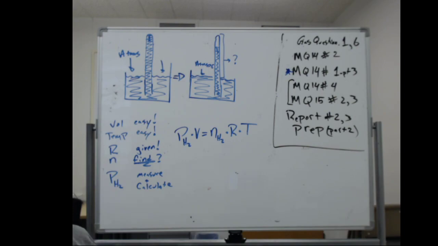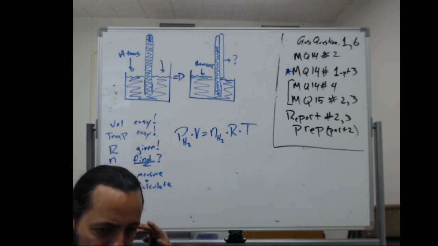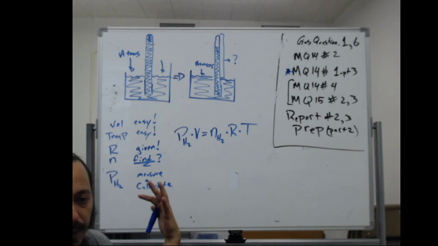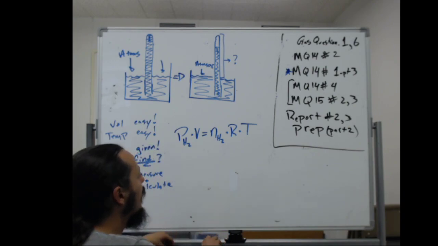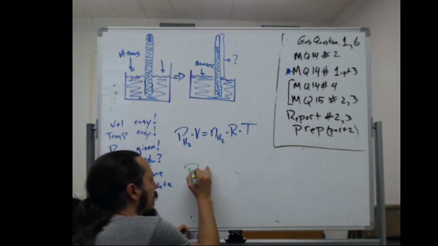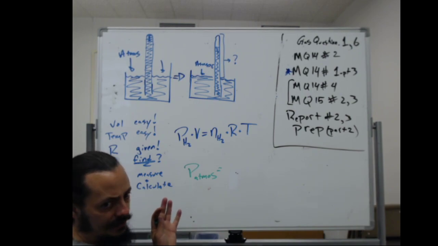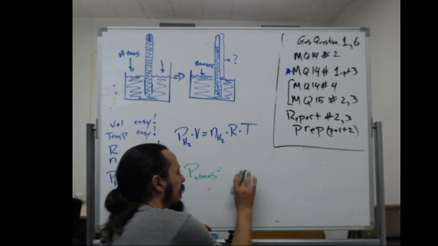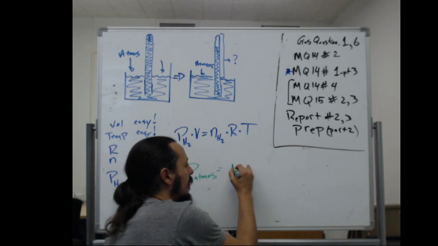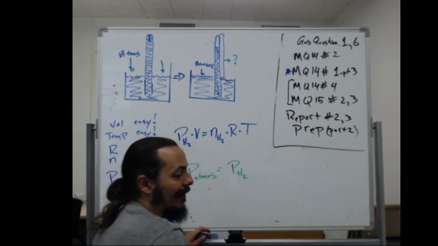If you go to the bottom of a swimming pool, it feels like there's a lot of weight on you. That's because water, from its interaction with gravity, creates some amount of pressure. So we can say our pressure of the atmosphere has at least one component to it, at least up there, the pressure from the H2 gas.